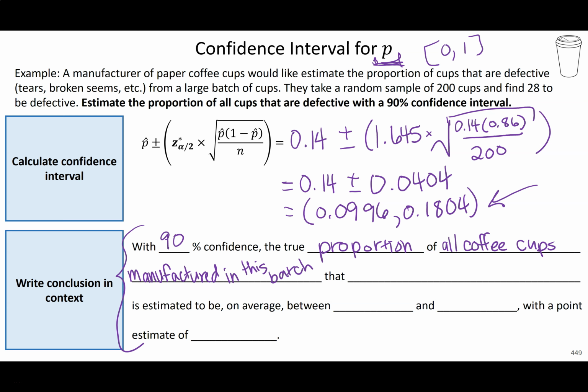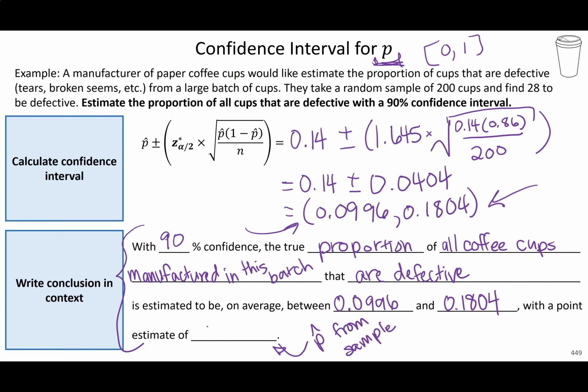Sorry about that. So then the variable of interest, so that are defective, is estimated to be on average between, so this is where I insert my endpoints, smallest first, 0.0996 and 0.1804, with a point estimate of, so this is just asking for p hat from the sample.